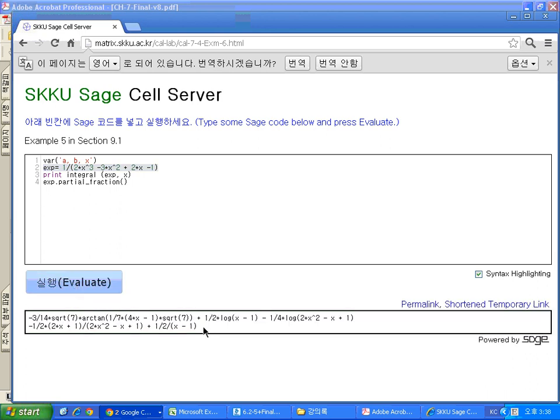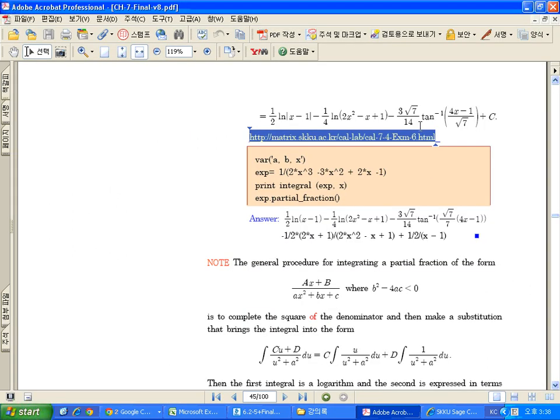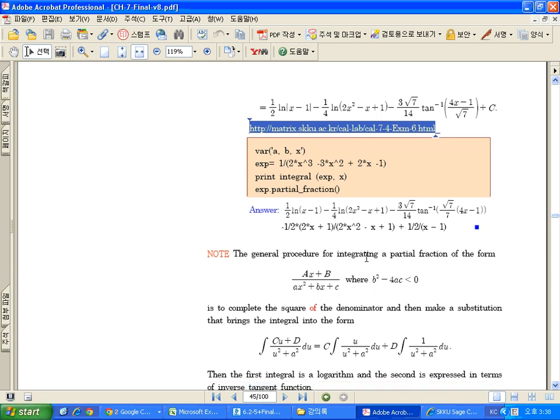Then this is the integral, and these are the partial fractions. Okay, you see, the given one can be written as partial fractions like this, and the integral value is like this, which you have seen in here. Okay. All right.